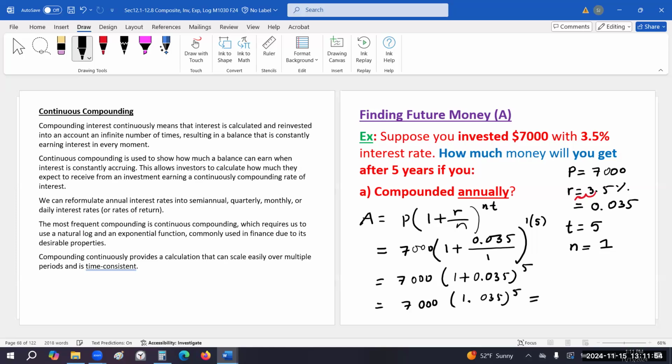Okay, calculator time. How much is this? 1.035 to the power 5 times 7,000. What do you get back? I got 8,313. 8,313, 80 cents.